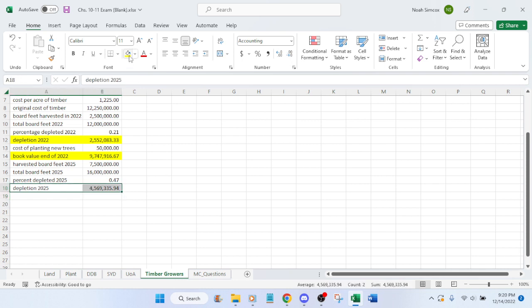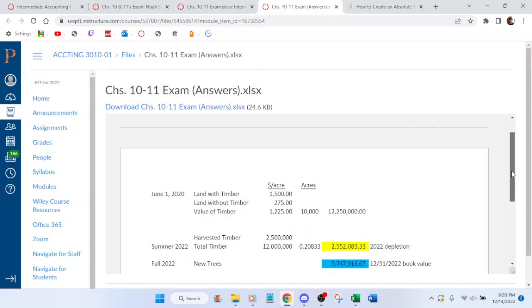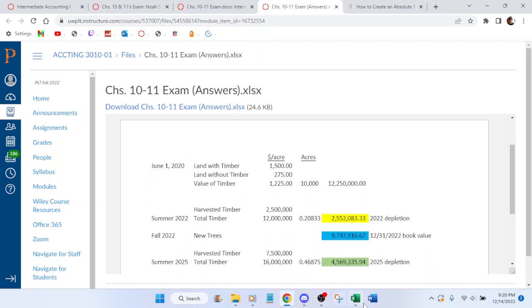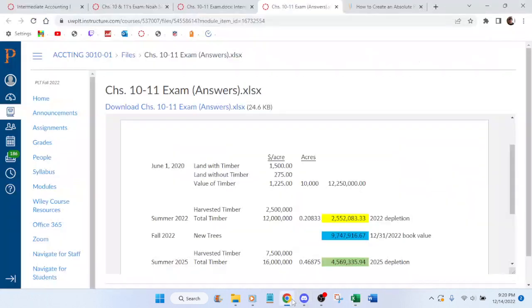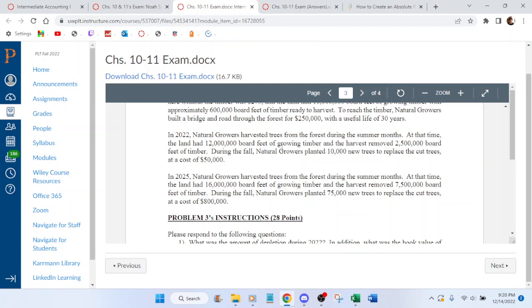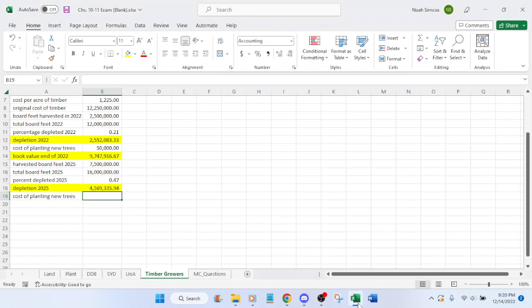And I mean, this is pretty simple. Okay, let's just double check. We have like 4,569,335.94. And then we have cost of planting new trees is going to be 800,000.